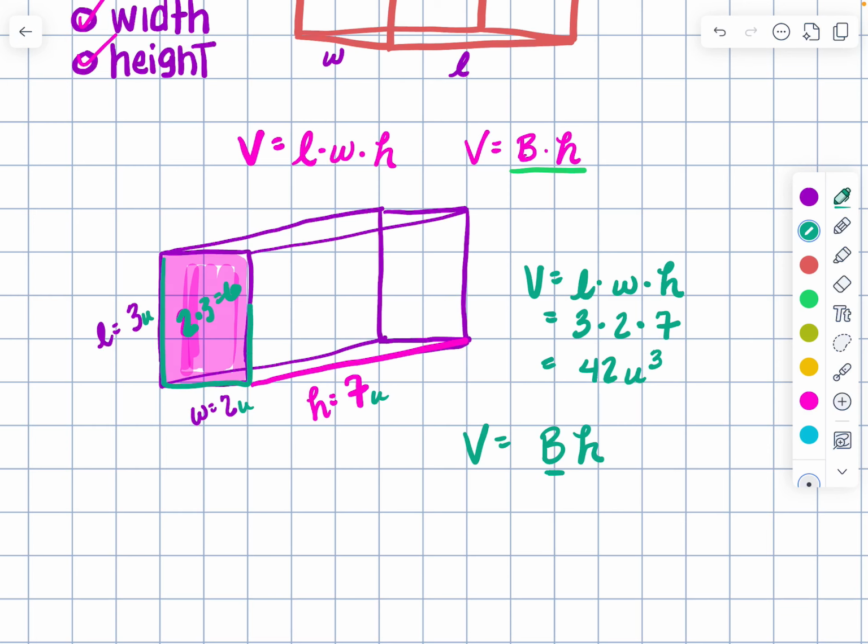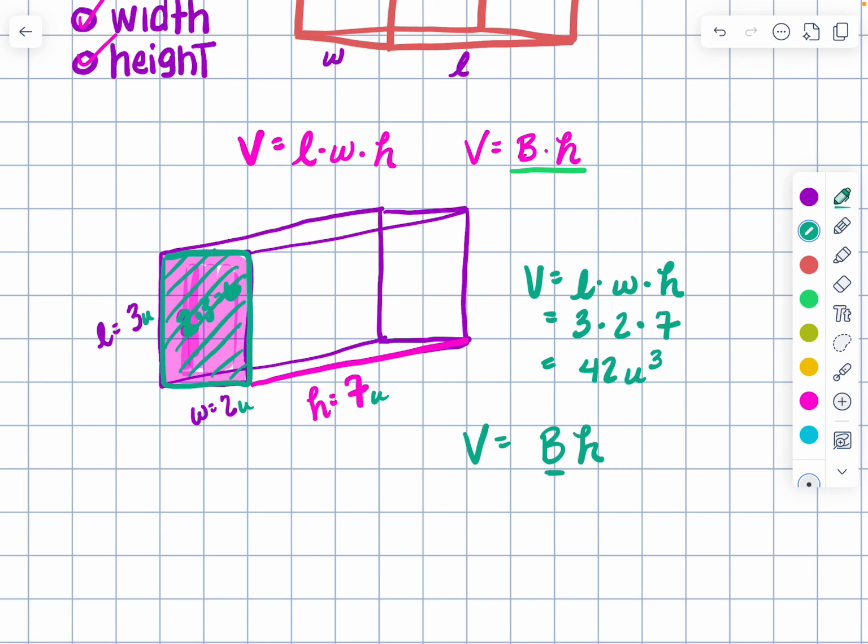This is my base here. And you may be asking, well, how is that the base? It's not on the ground, right? That's one of the confusing things about a base, is that it doesn't have to be on the ground.